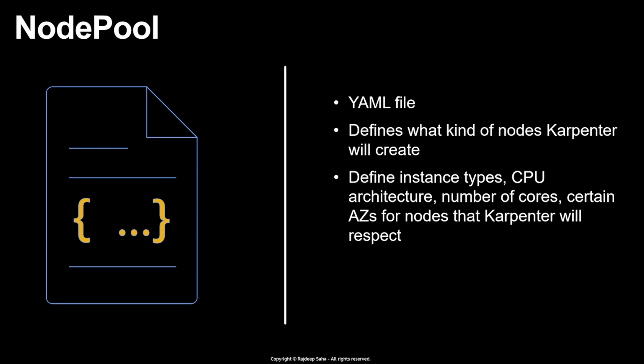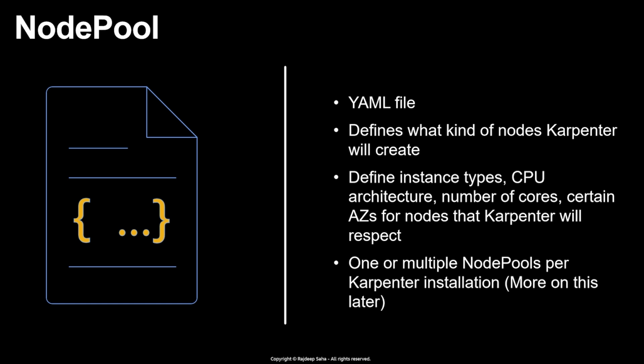You can define instance type, CPU architecture, such as Graviton or x86, the number of cores that the EC2 instances must have, and certain availability zones for nodes that Karpenter will respect. You can have one or multiple node pools per Karpenter installation, and we'll go over this a little bit later.